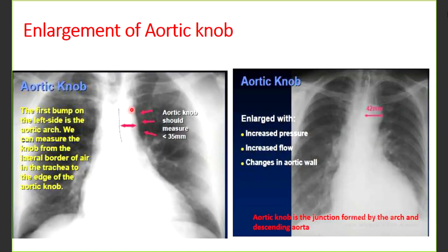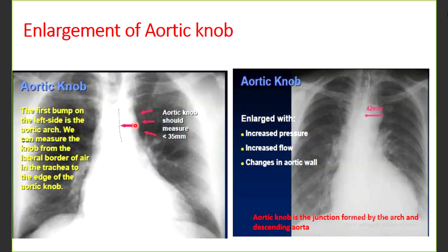Aortic knob means it is a junction of the arch of the aorta and the descending aorta. How to identify if the aorta is dilated or not by looking at the aortic knob? You look at the tracheal shadow, and then you measure this length. It will give you, X-ray wise, some idea about the aortic dimension.